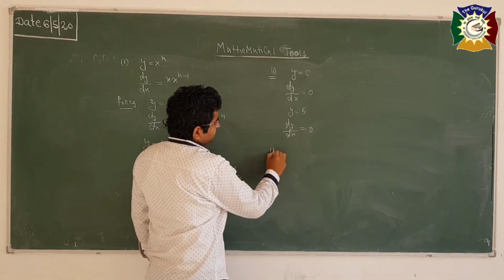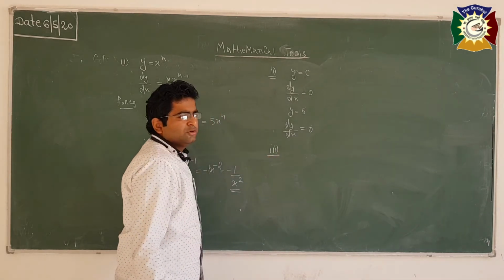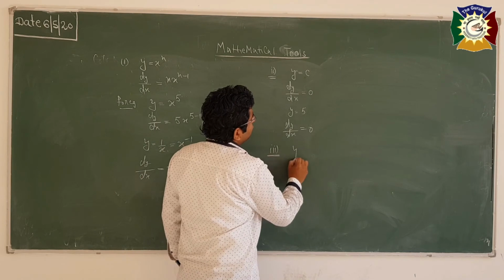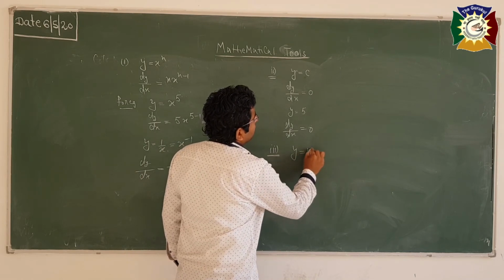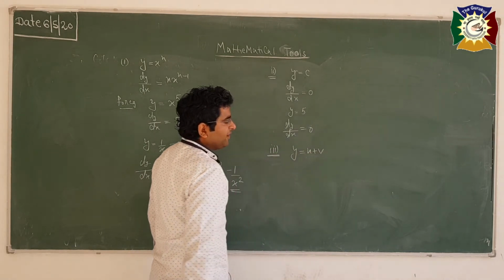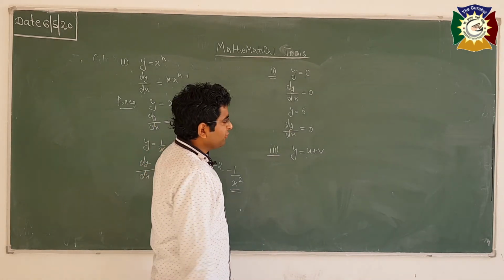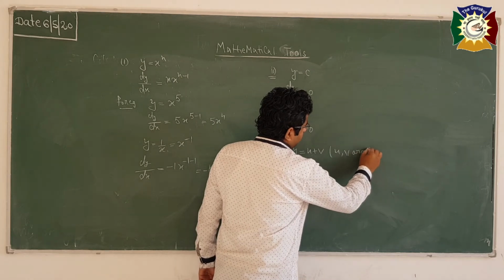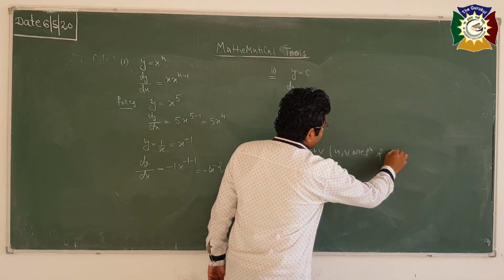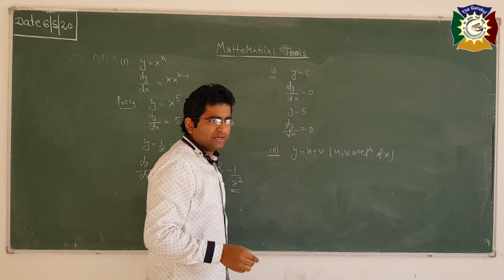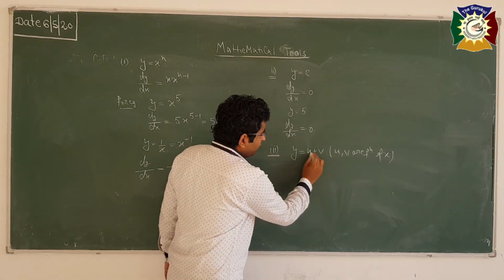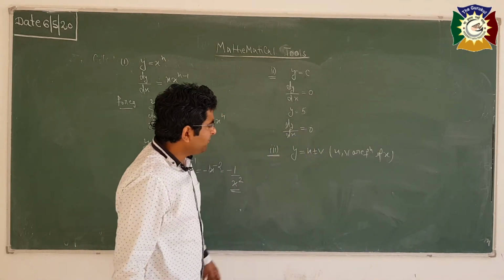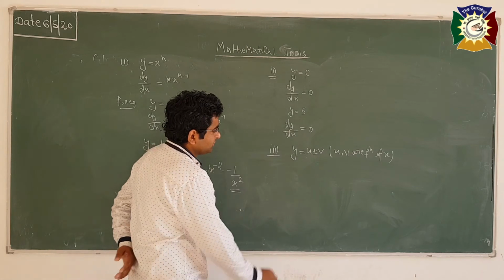Okay, third, suppose you have given y equal to u plus v, where u and v are the functions of x. Functions of x means they depend on the value of x. Or if we take plus minus sign, it will be valid for plus or minus, both.